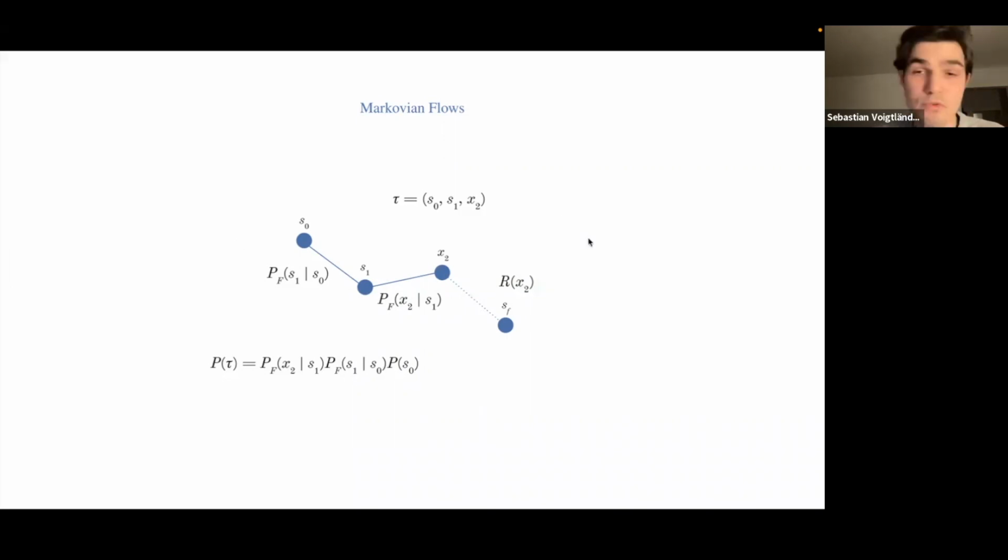And it turns out, and is proven in the paper, that for every flow that you can find on the graph, there is an equivalence class whose representative is a Markov flow. That means for every flow that you can find a Markov flow that has exactly the same forward and backward probabilities. And that means you can ignore all flows but the Markov flows. And you only have to care about these quantities along individual edges and pairs of nodes, which reduces your search space dramatically. And that's the gist, basically.